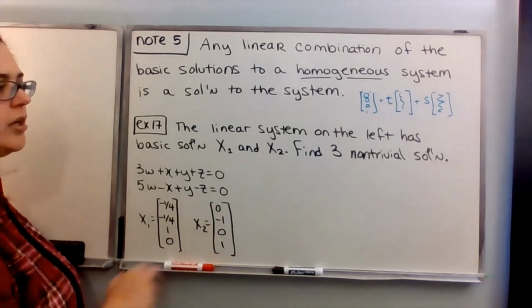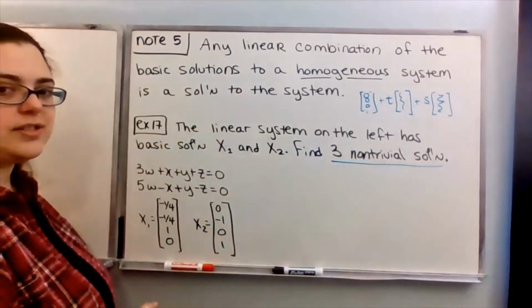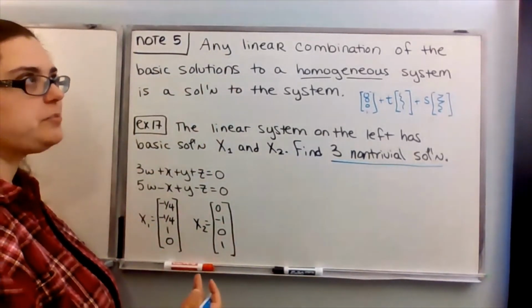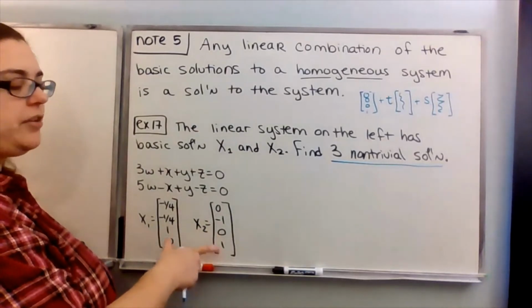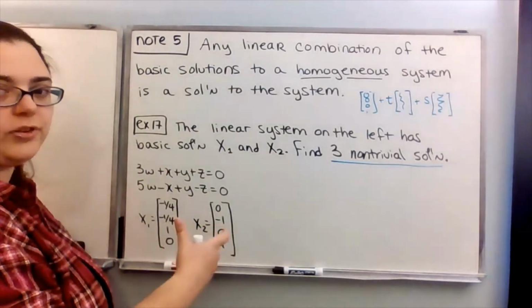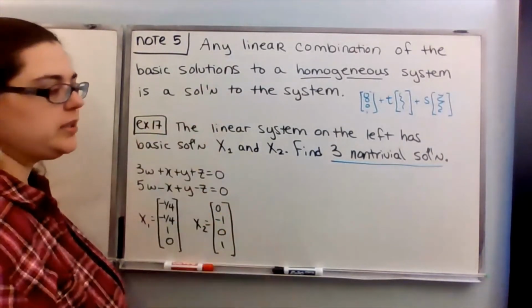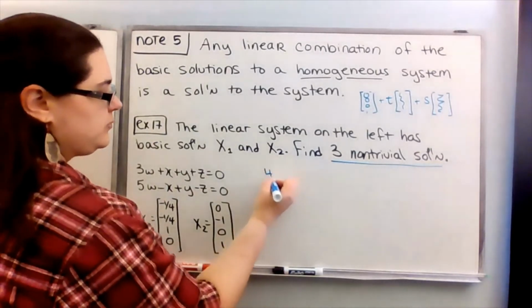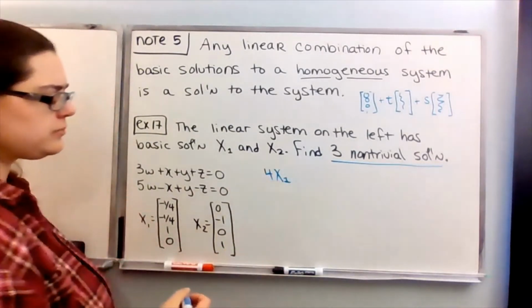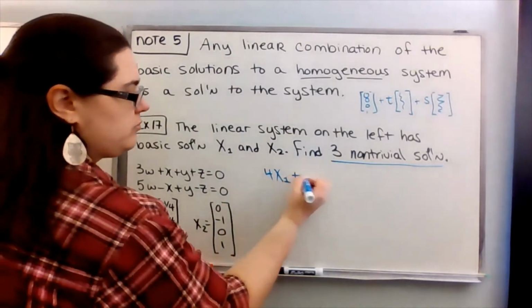So this is a capital X1, and this is our first basic solution, and then this is our second basic solution. So if I want to find 3 non-trivial solutions, all that means is I have to make sure that I do a linear combination of these two, and the coefficients are not both 0. So in other words, pick a number. I'm going to pick 4. I'm going to do 4x1, and since I have a 4 here, I'm going to do none of x2.